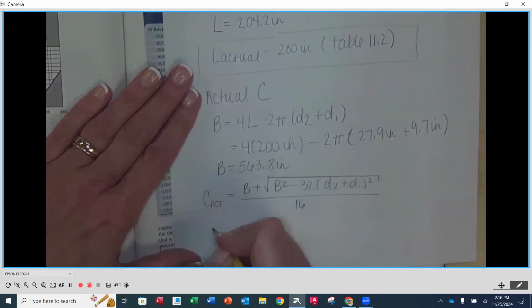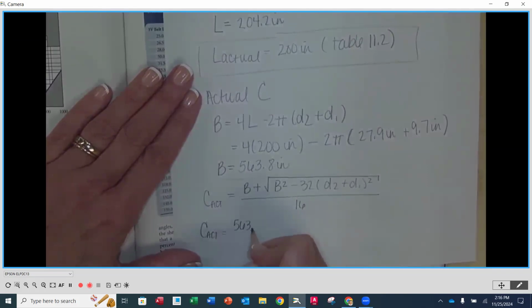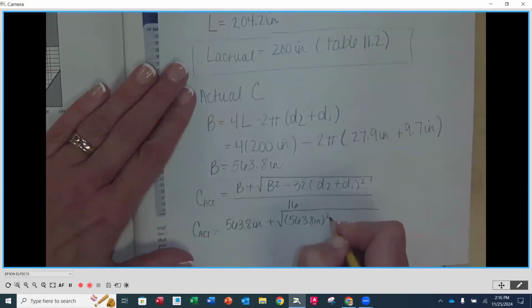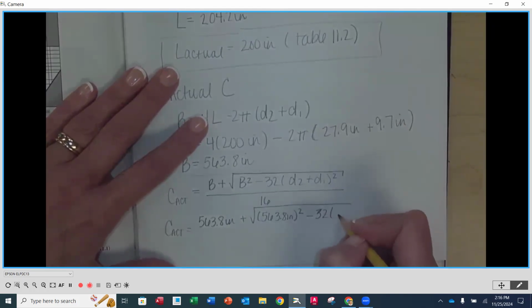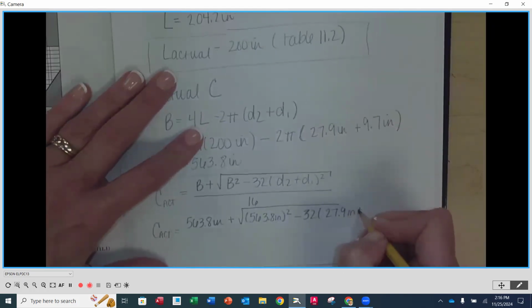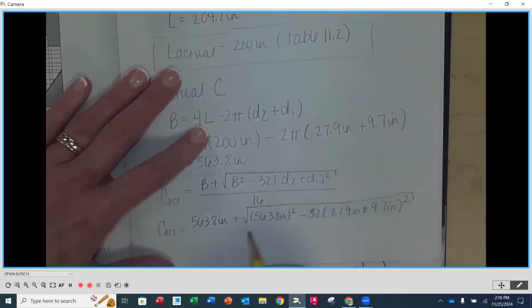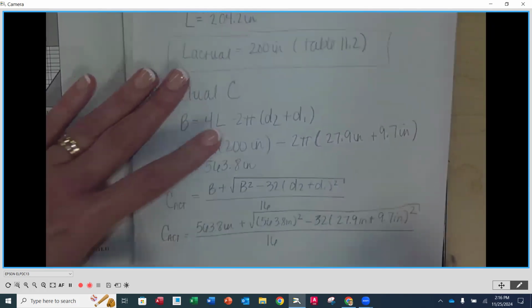Okay. So C actual with the numbers is going to be 563.8 inches plus under the radical, that same number, 563.8 inches squared minus 32 times 27.9 inches plus 9.7 inches squared. And then all of that divided by 16.